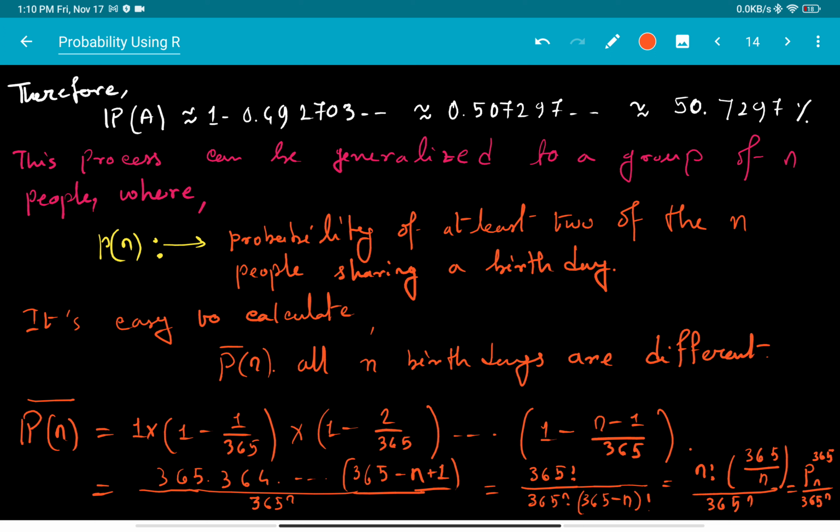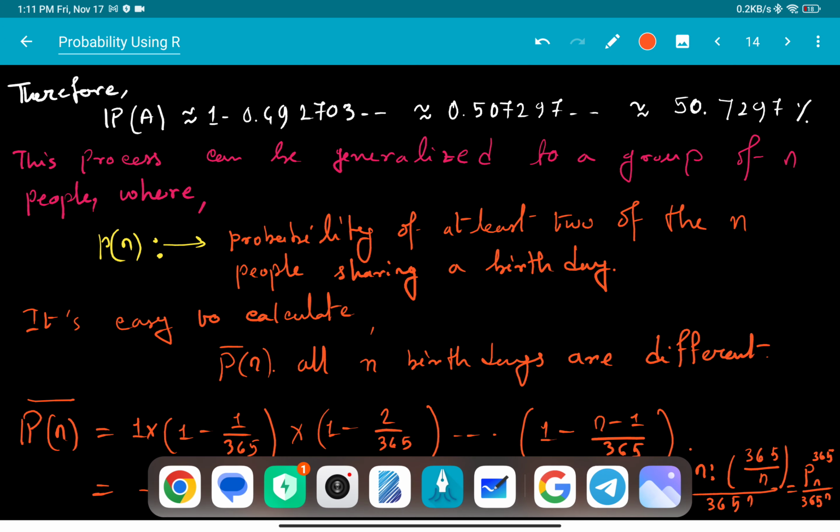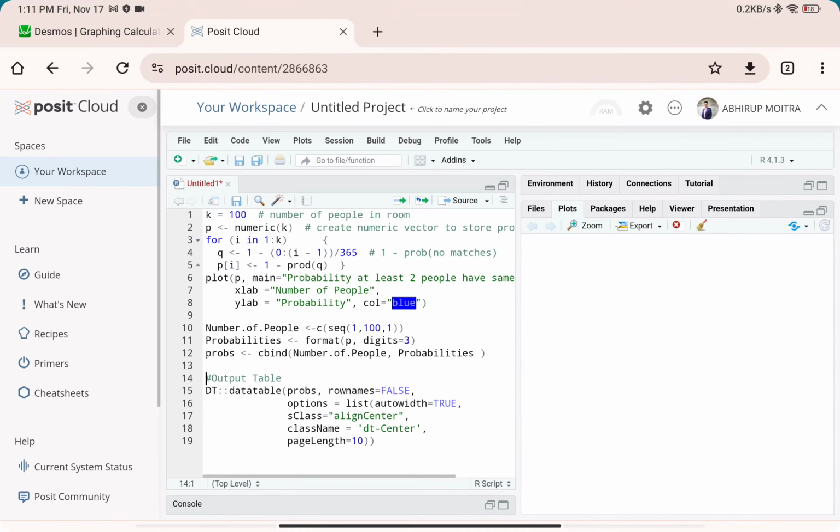As a probability and statistics student, I do R programming, so I have modeled these things using programming. I have written some code, and I can share this code with you.